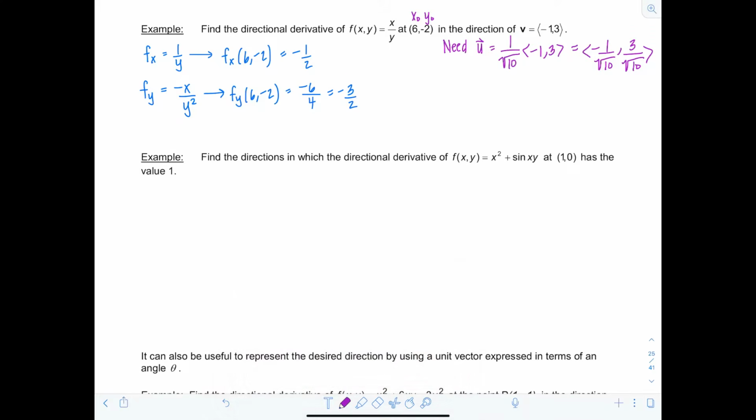All right, so these two values I'm going to hold on to right now, and then I'm going to put it all together, find my value of the directional derivative of f at the point 6, negative 2.